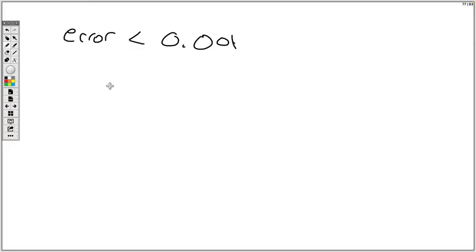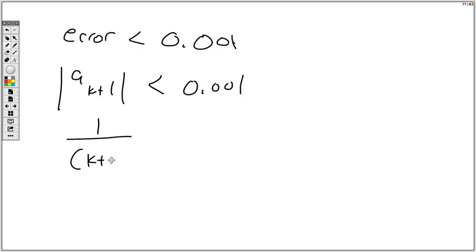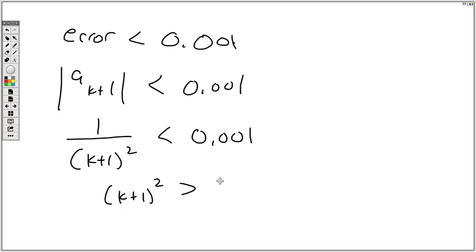Well, you'd have to figure out the absolute value a sub k plus 1 would have to be less than 0.0001. So 1 over (k plus 1) squared would have to be less than 0.0001. And then you can multiply and do the nonsense. (k plus 1) squared would have to be bigger than, what, 10,000?